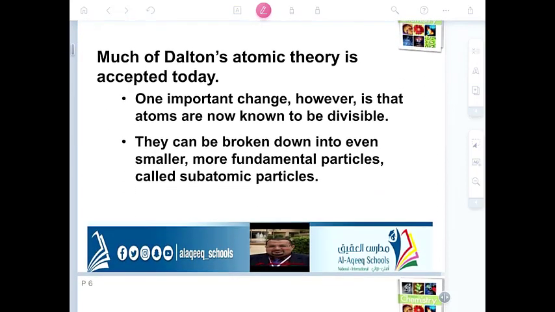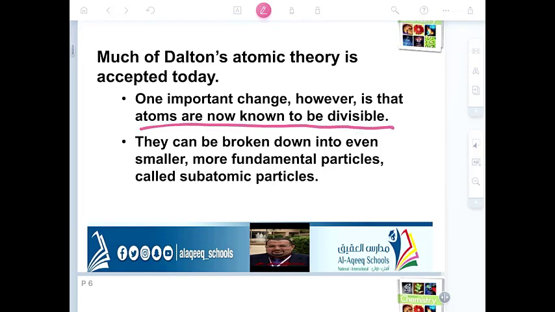As we said before about Dalton's atomic theory, he accepted something from Democritus and added more than that. Also, the scientists who came after Dalton accepted some of his ideas in the theory. One of the things that changed from the theory of Dalton is that atoms are now known to be divisible, not indivisible.